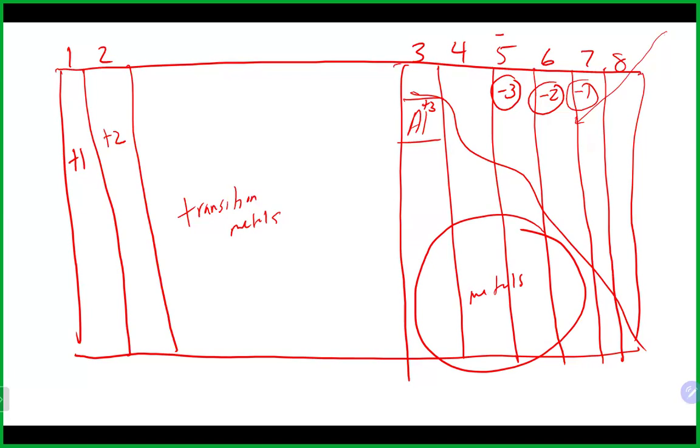No, it wouldn't actually be a +3. We're going to talk about that in a second. But you're right, it will be positive because there really are metals in that region. What transition metals have in common with these metals below the staircase is that they make a variable charge. So they don't have fixed charges.